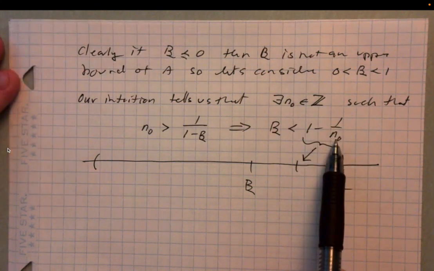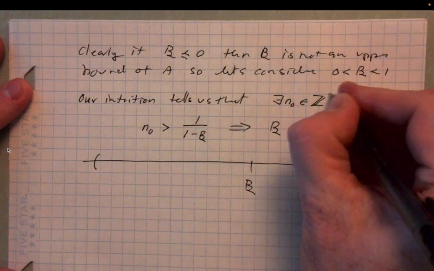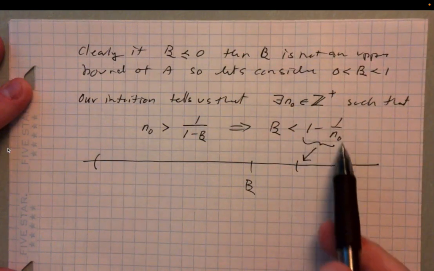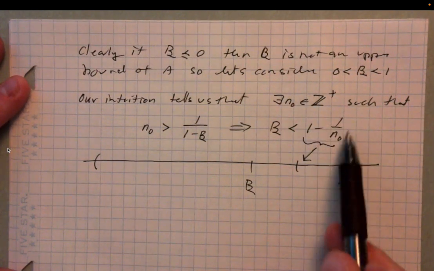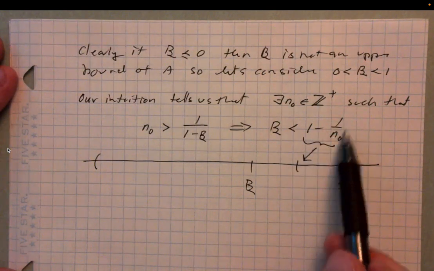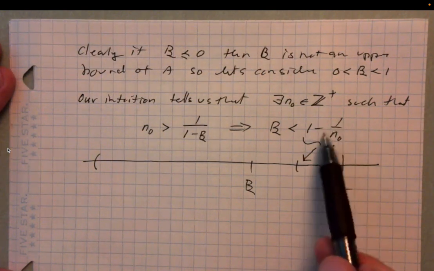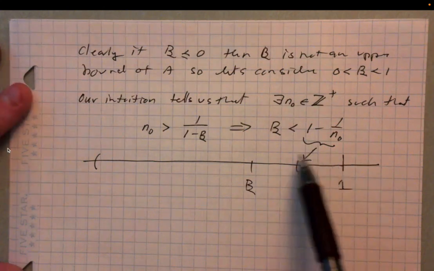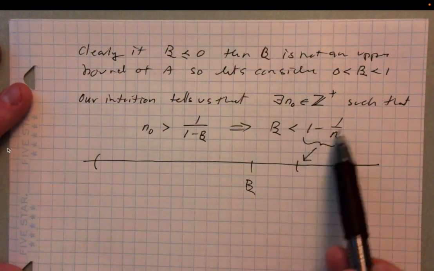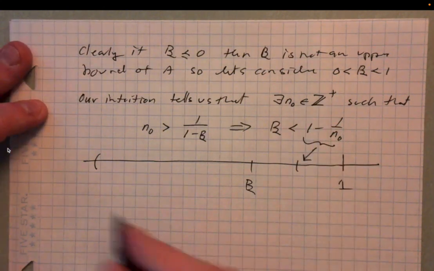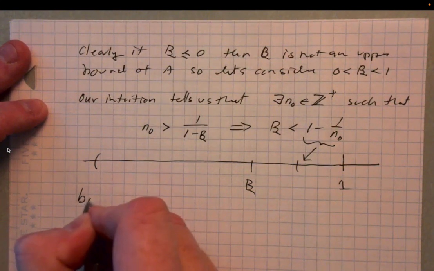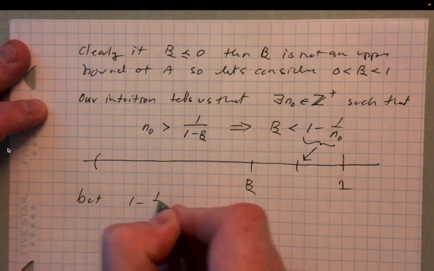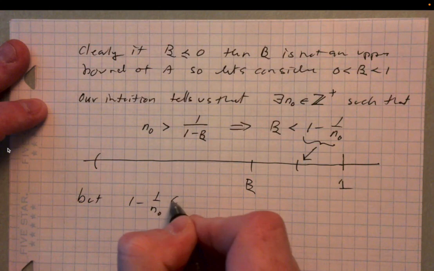There's no positive integer, I'm going to say Z plus here even, there's no natural number n naught that I can plug in here to make it greater than 1, right? So this 1 minus 1 over n naught is in A.